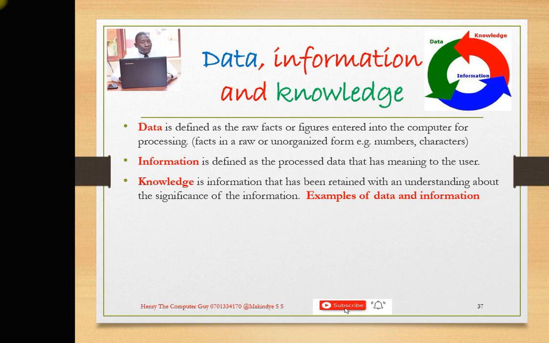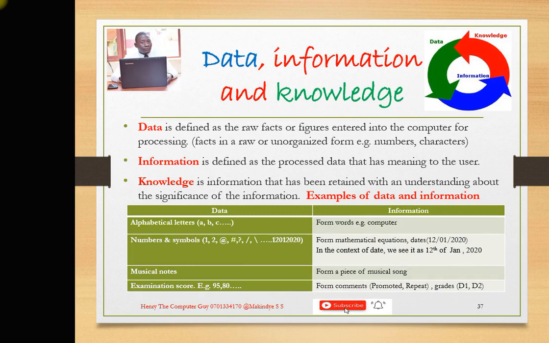If it makes a meaning in the mind of the user, then it becomes knowledge. It makes a meaning to someone specifically. And I've told you that information is free, but knowledge can never be free.